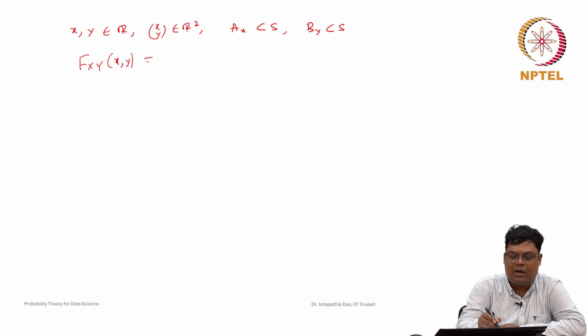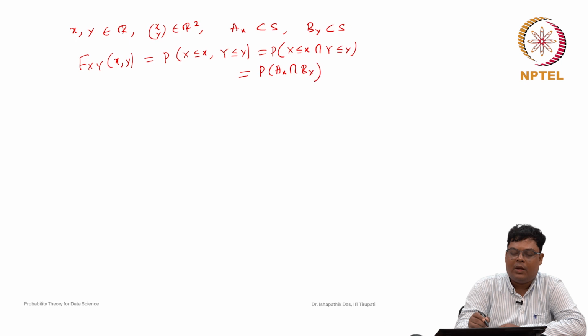It is nothing but the probability that X less than or equal to x, comma, Y less than or equal to y, which is nothing but the probability that X less than or equal to x intersection Y less than or equal to y. We denote this event by A_x intersection B_y. Now, for fixing x and y, A_x is an event, B_y is an event.